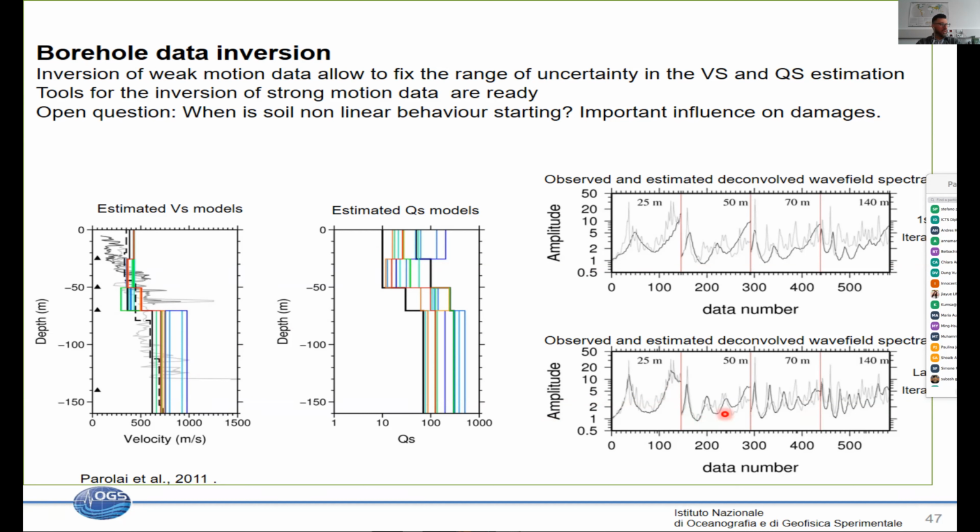So this is really one of the biggest open questions that we have, I would say: while we are nowadays quite good in retrieving the shear wave velocity below a site, we are definitely less good in retrieving the quality factor that we can then use in numerical simulation of ground motion. This is really one of the main issues that we have at the moment, and many studies are now dedicated to it.